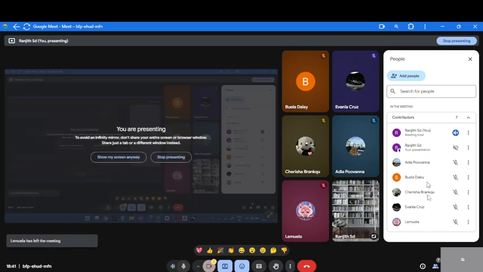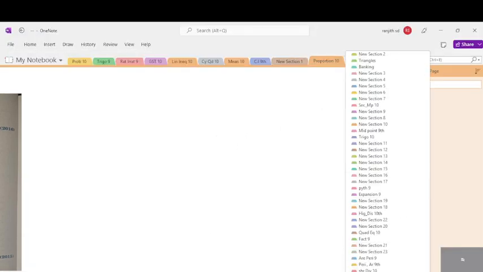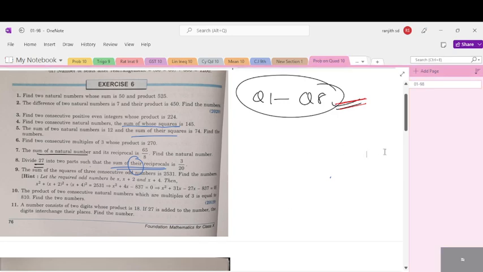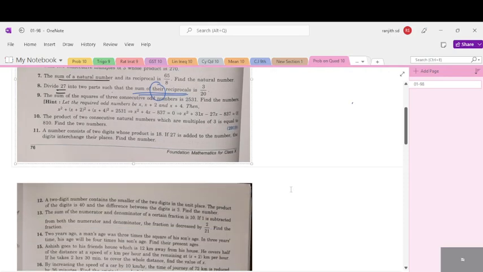All of you online, shall we try word problems? Okay. Next, word problems. Can you tell me how many word problems you have done? How many questions?